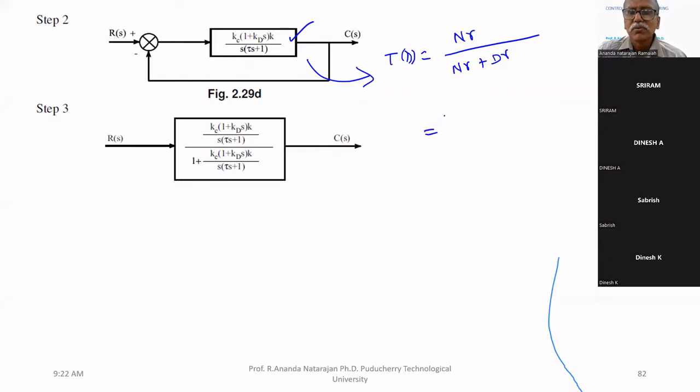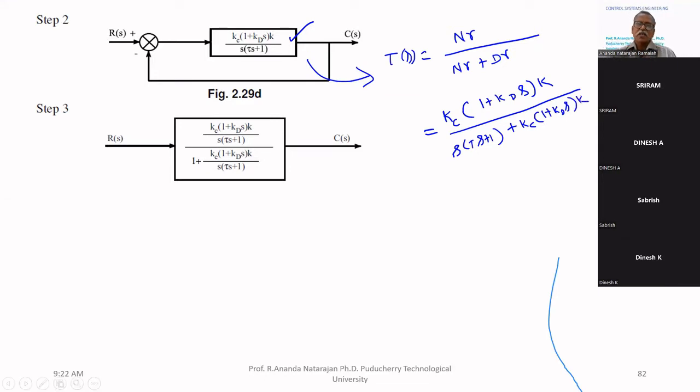That is equal to Kc (1 plus KdS) multiplied by K upon s (tau s plus 1) plus Kc (1 plus KdS) K. That's all.